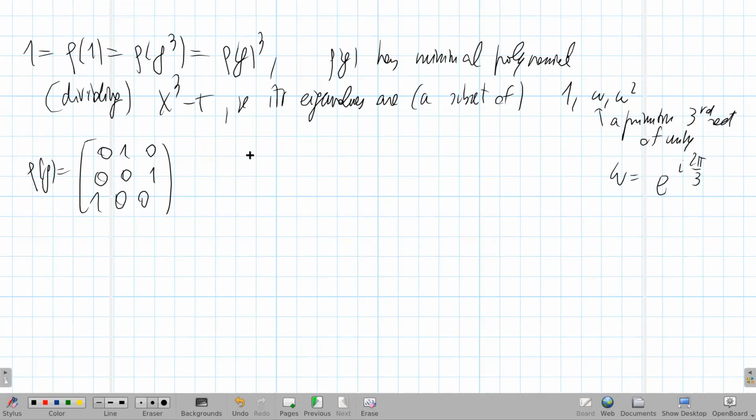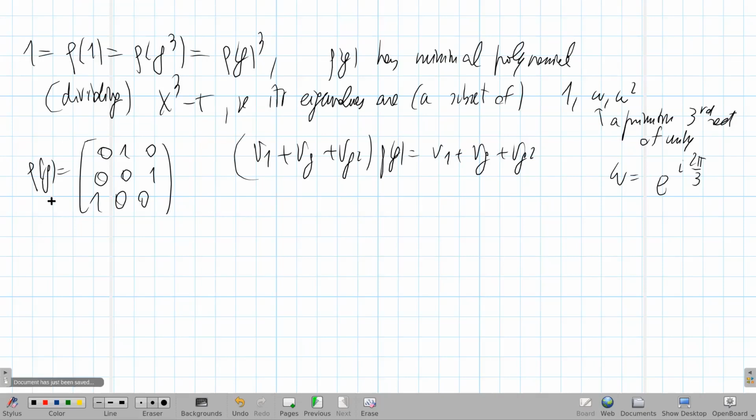I'll do it directly, but you can apply the general methods, and it's quite obvious, as before, that this is fixed, simply because what this matrix does is permute these 3 vectors. So of course you obtain them in a different order. You will obtain Vg plus Vg square plus V1, but this is okay.